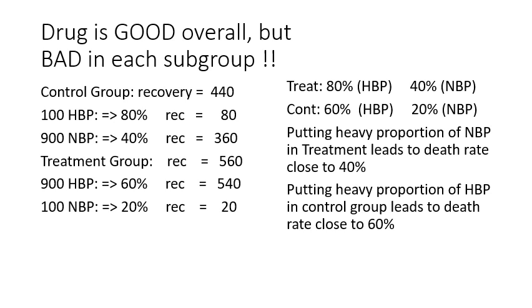And in the normal blood pressure group, again, instead of 40%, we have lower recovery at 20%. So overall, the effect is that there are more recoveries in the treatment group, even though the drug is bad in each of the two subgroups.